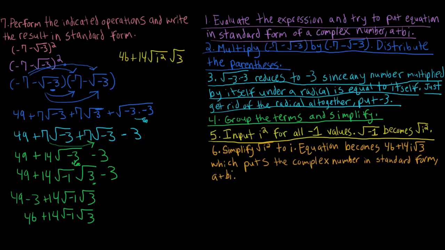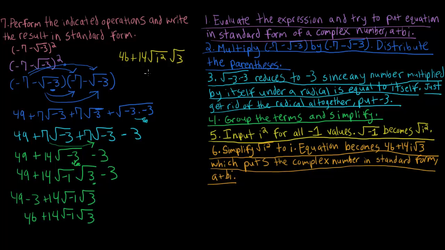Step 6 is to simplify the square root of i squared to i. The equation becomes 46 plus 14i square root of 3, which puts the complex number in standard form a plus bi.